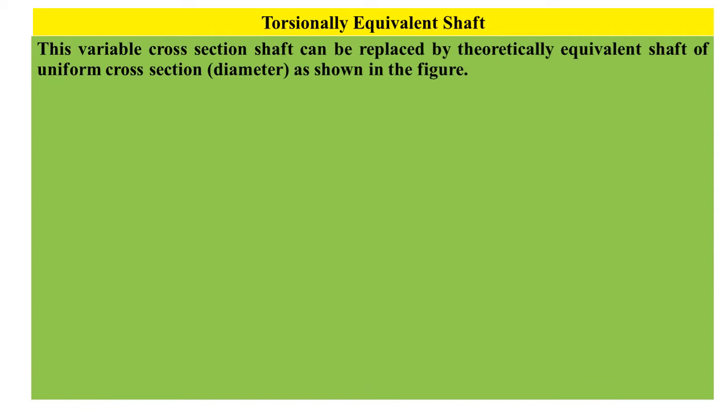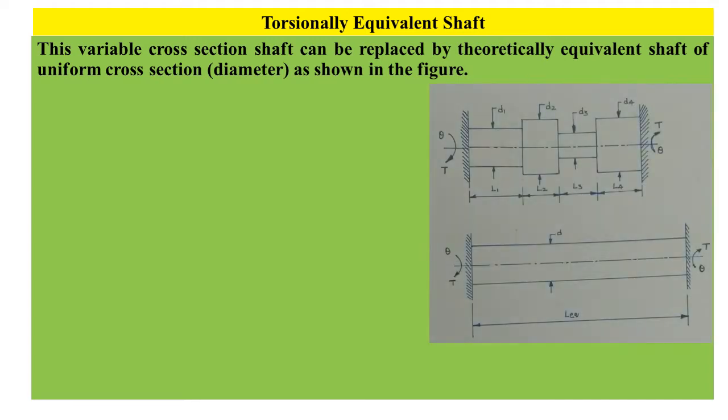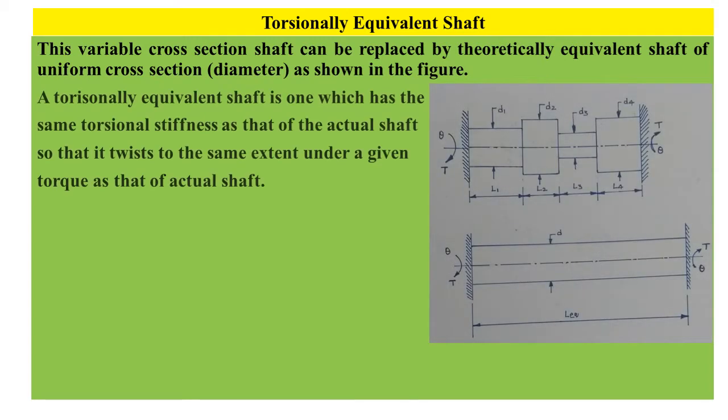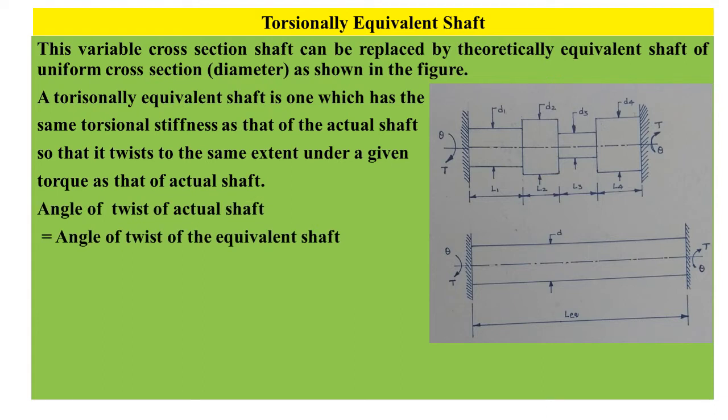This variable cross section shaft can be replaced by a theoretically equivalent shaft of uniform cross section, that is, same diameter, as shown in the figure. A torsionally equivalent shaft is one which has the same torsional stiffness as that of the actual shaft, so that it twists to the same extent under a given torque as the actual shaft.